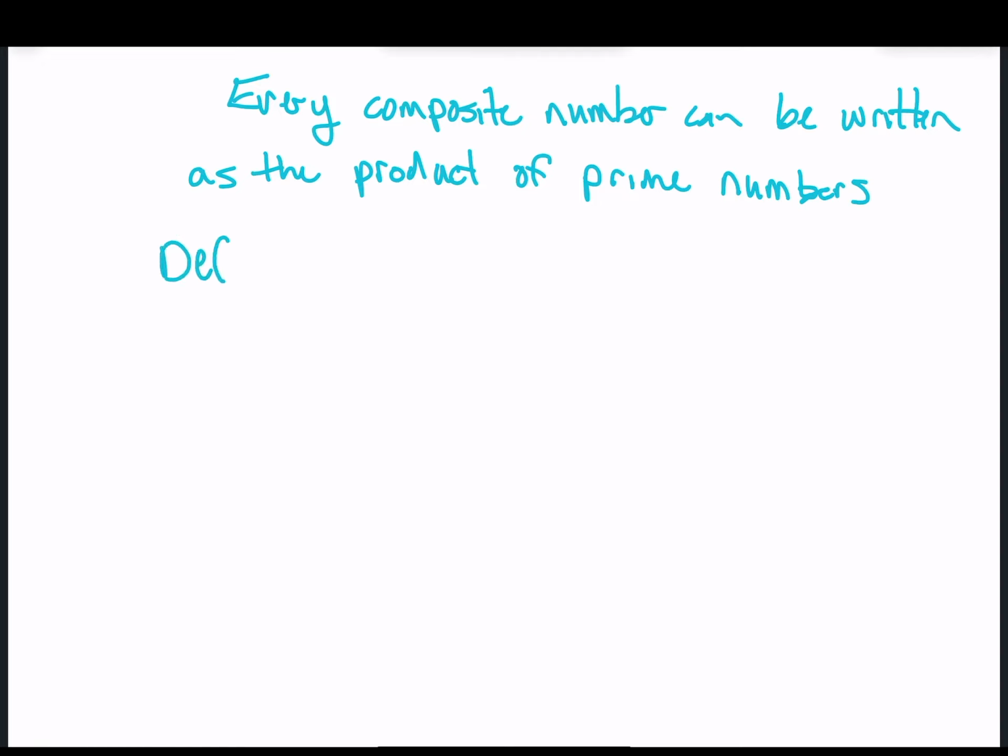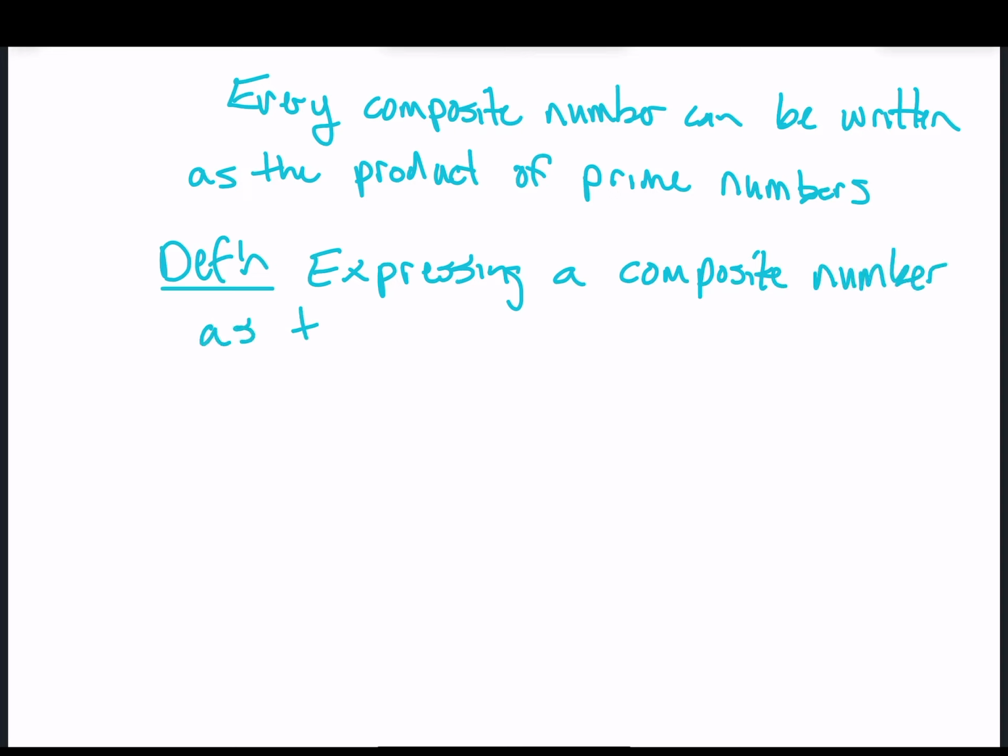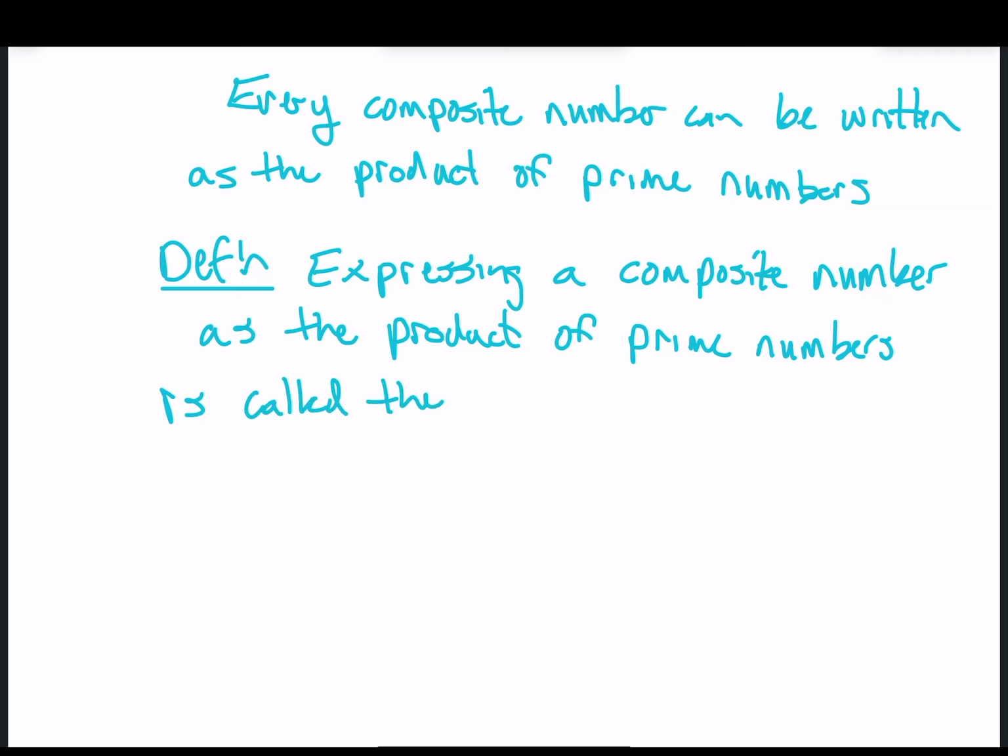So, one last definition before we do an example. Expressing a composite number as the product of prime numbers is called the prime factorization of that number.